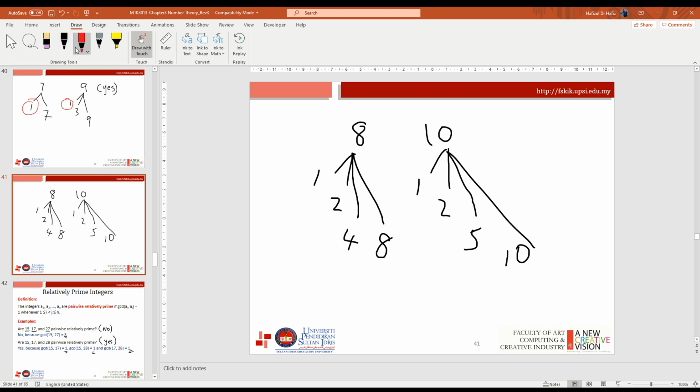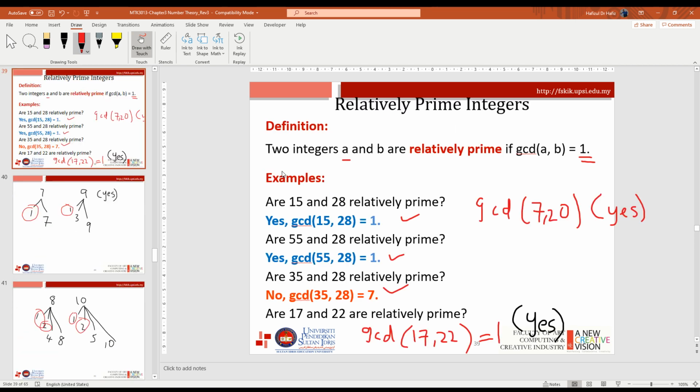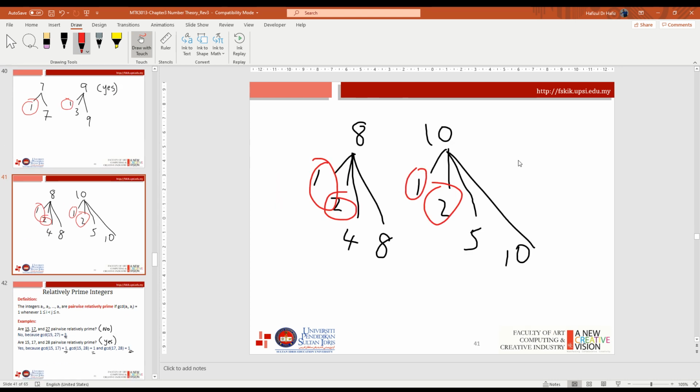The common factors for both are 1 and 2, which means the GCD is more than 1. The minimum for A and B must be 1. Is it okay?